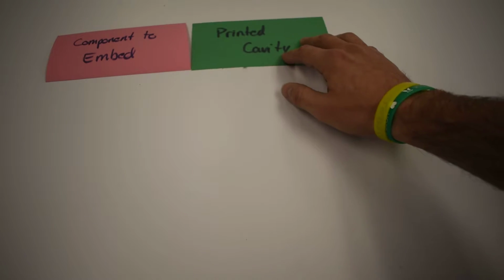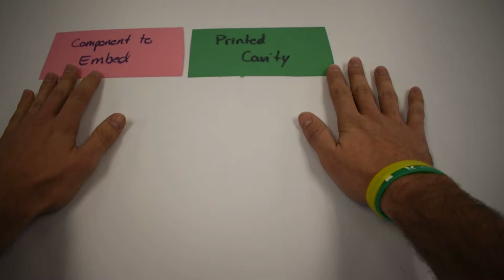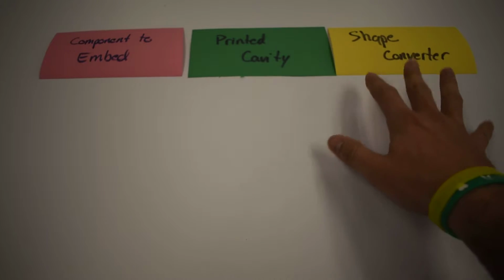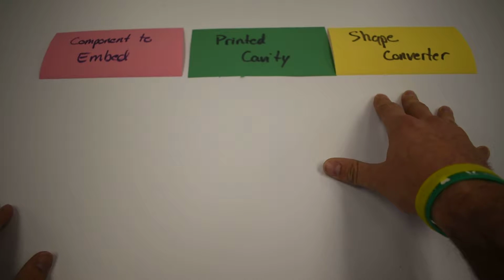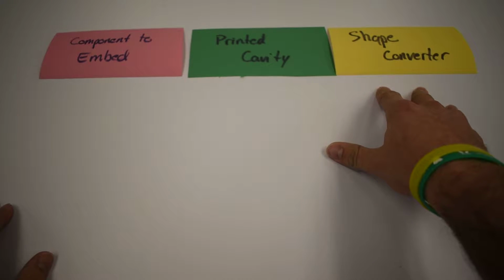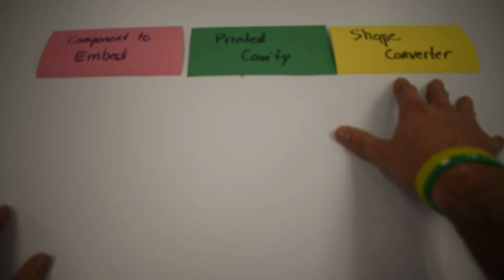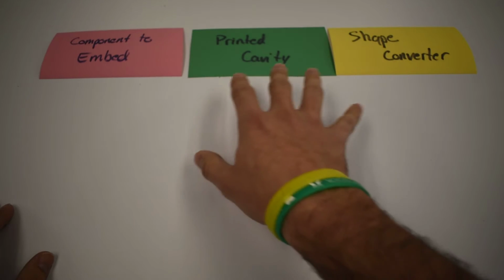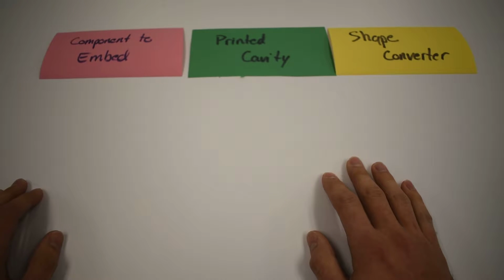Another is going to be the cavity that the part is going to fit into. And the third, which we'll discuss, is a shape converter. Now, I'll explain further in detail what that means, but in essence, this is going to compensate for any gaps that we might have between the cavity and the part that we're wishing to embed.